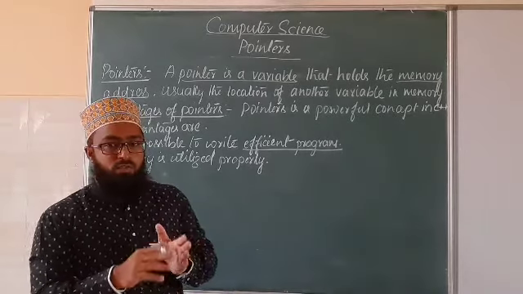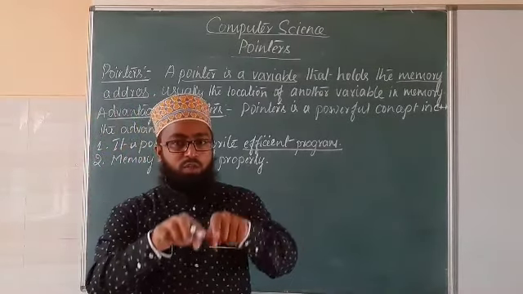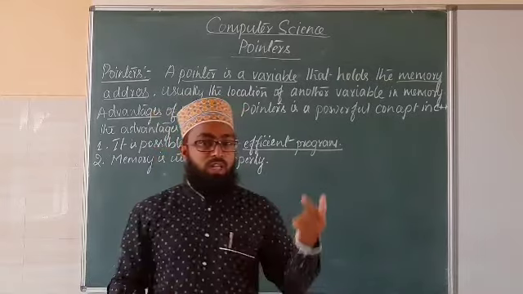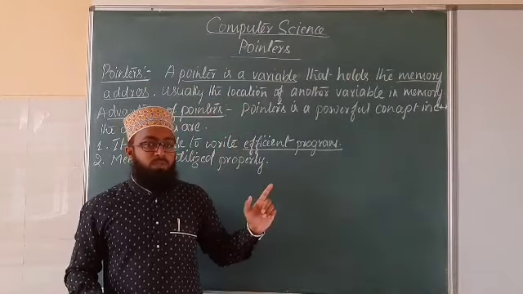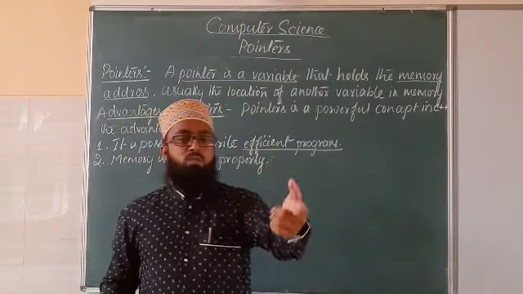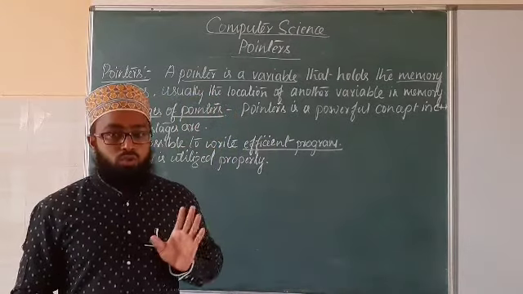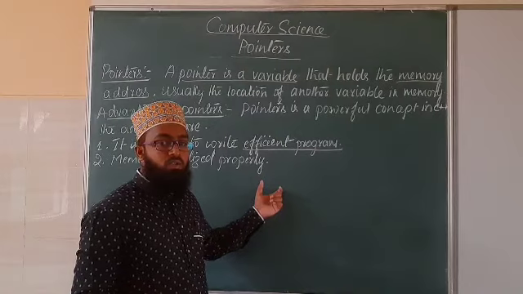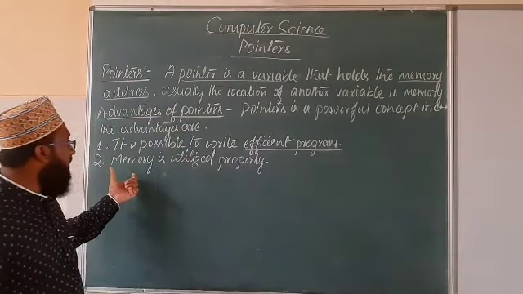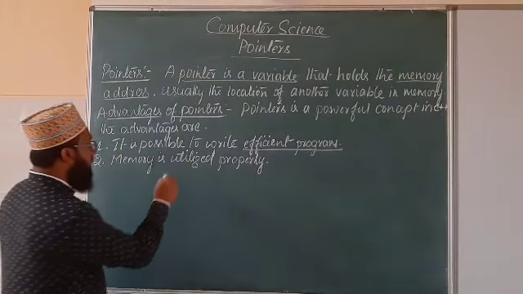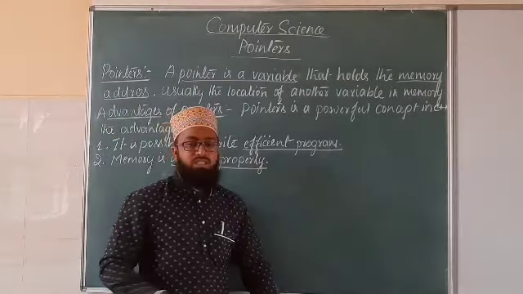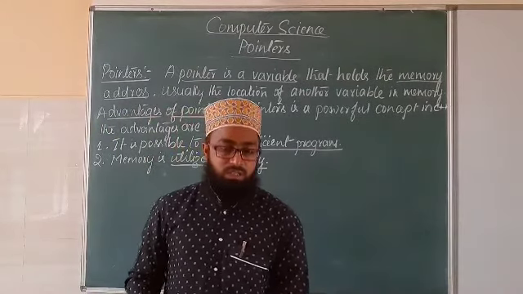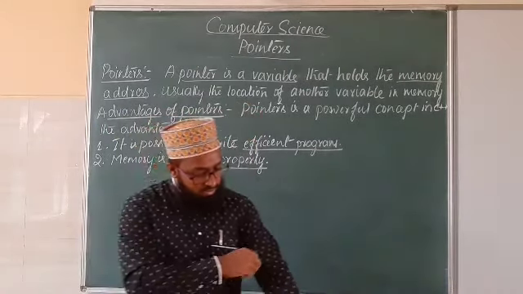It means if you want to store a variable in a particular memory location, then with the help of a pointer we can store that variable in the same location where we want to store it. So this is called memory utilization. This is the second advantage of pointers.